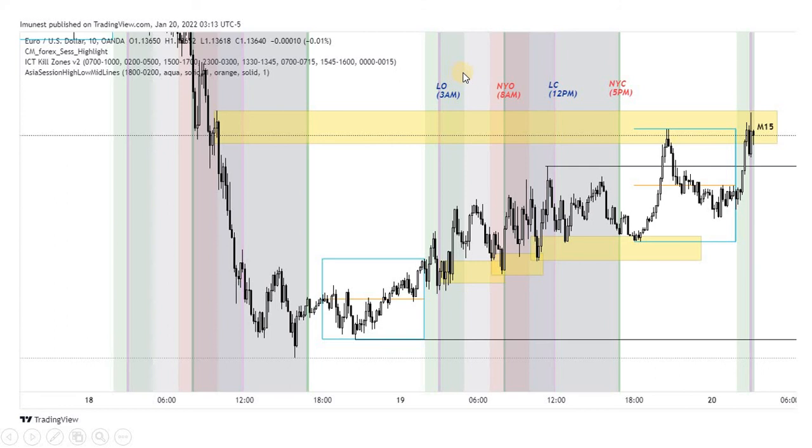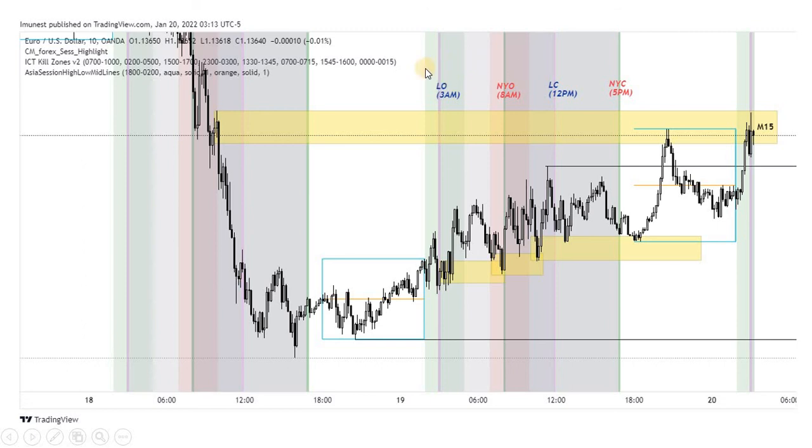It's a London kill zone. While this light pink area is a New York kill zone from 7 a.m. New York time to 9 a.m. or to 10 a.m. New York time or thereabouts.